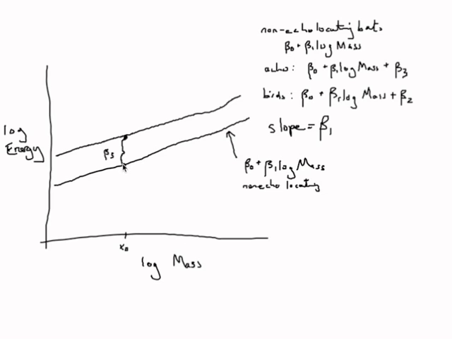I'm going to draw beta 2 to be quite a bit bigger than beta 3. So imagine that was the size of beta 2, then our bird would lie up here, and the birds will still lie on a line with the same slope as the other two categories, so I'm going to draw that in. That's our third parallel line, for the birds. I should label this one here: that was for the echolocating bats.